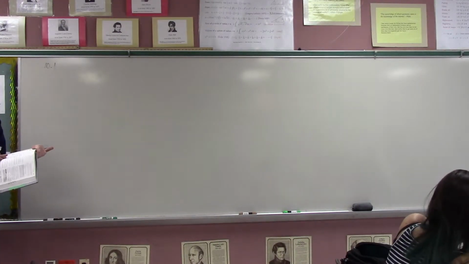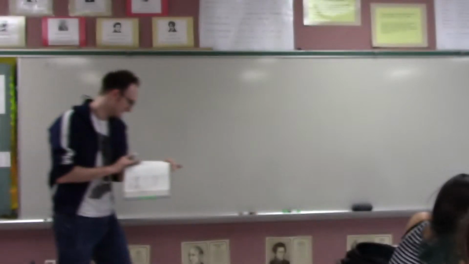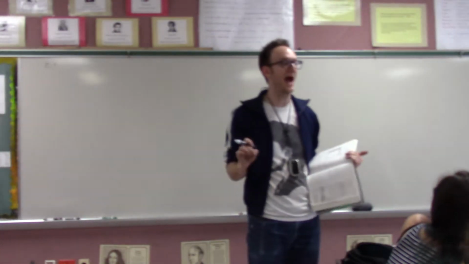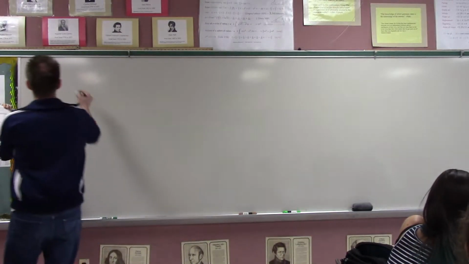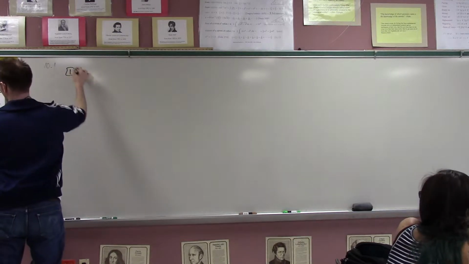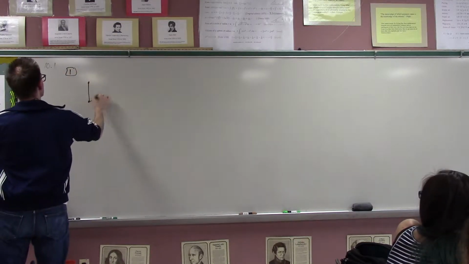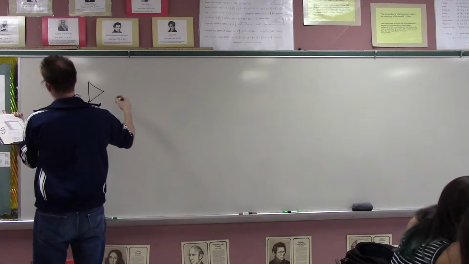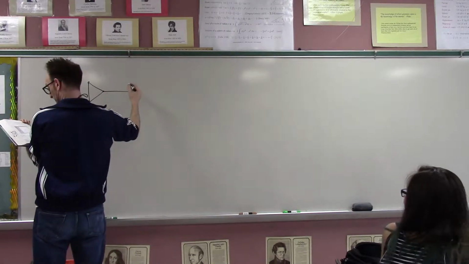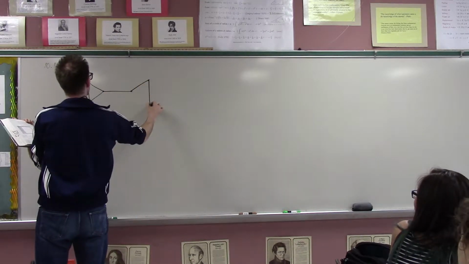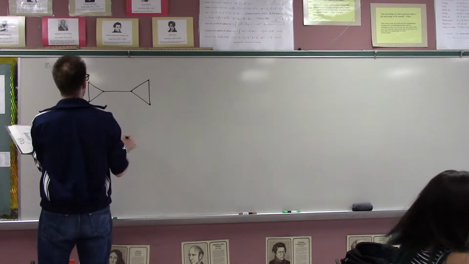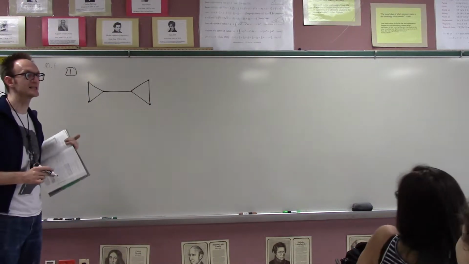Number one said, produce the underlying simple graph for the following graph. Is this problem not worth going over? Yeah, what is the underlying simple graph? We're still going over it. This is the underlying simple graph.